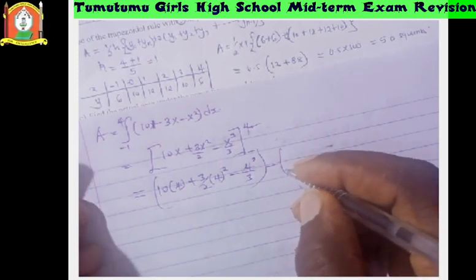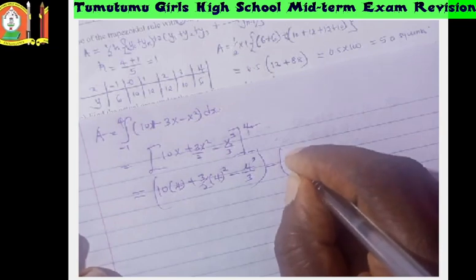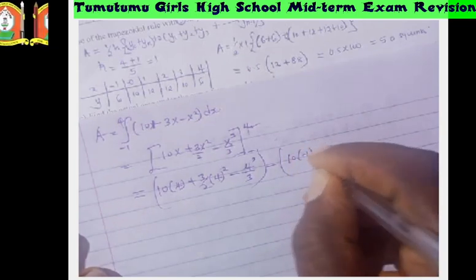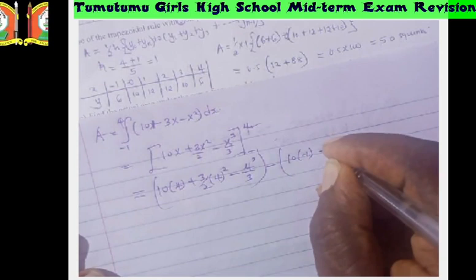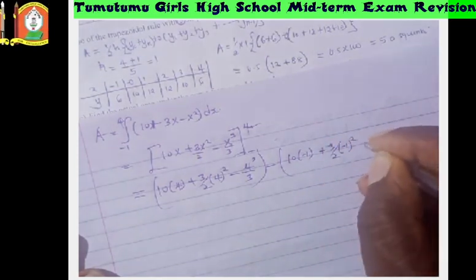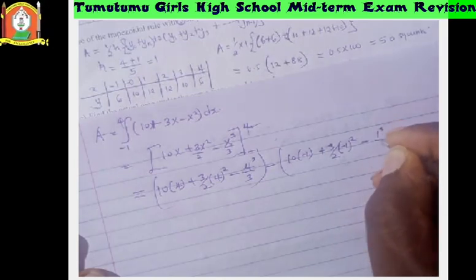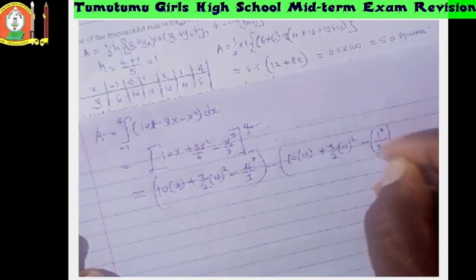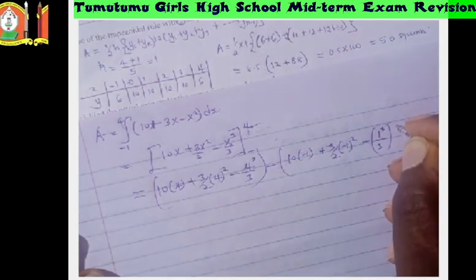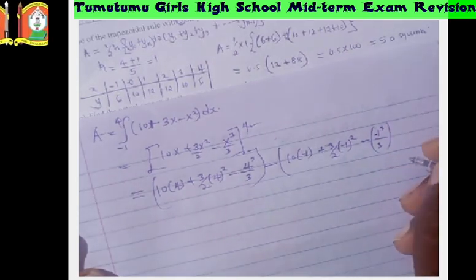Also we substitute -1, and this one will be 10 into -1 plus 3 over 2 into -1 squared minus -1 cubed over 3.